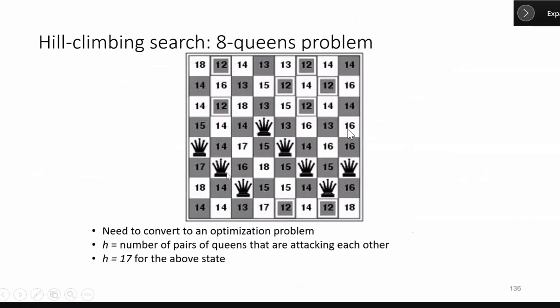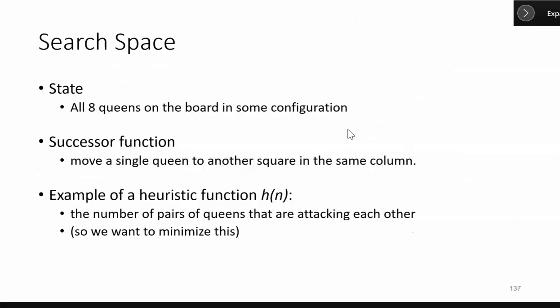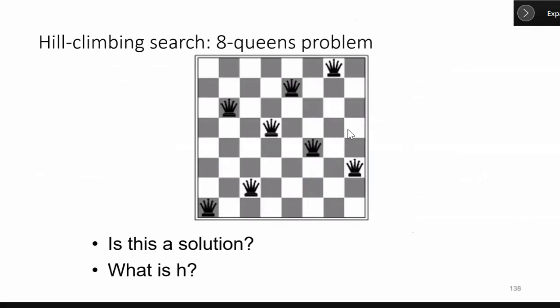If I move this queen to here, while this queen is already there, the H value will become the number of pairs of queens that are attacking each other. So if you see here, by using hill climbing, we have solved this n queens problem such that no two queens should be in the same row and same column.